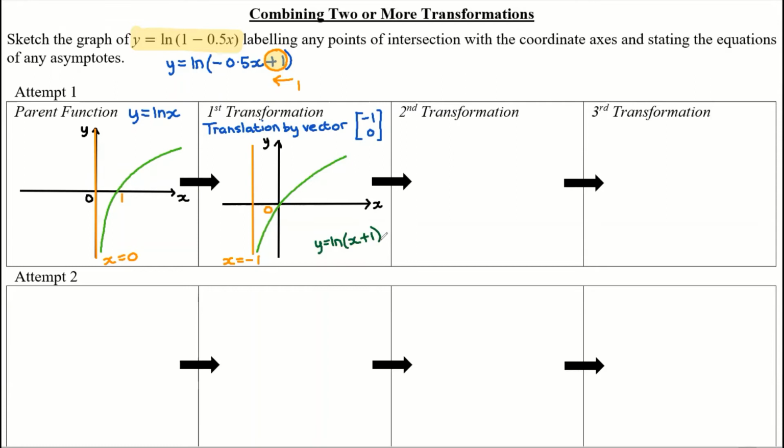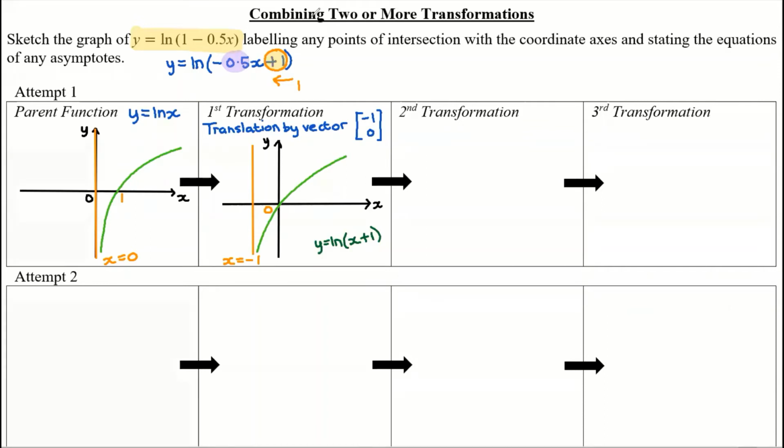So we have to do all the horizontal stretches next. And the horizontal stretches, as I've just alluded to, is this part here. Okay, so what I'm going to do first is I'm going to multiply the x part by 0.5.